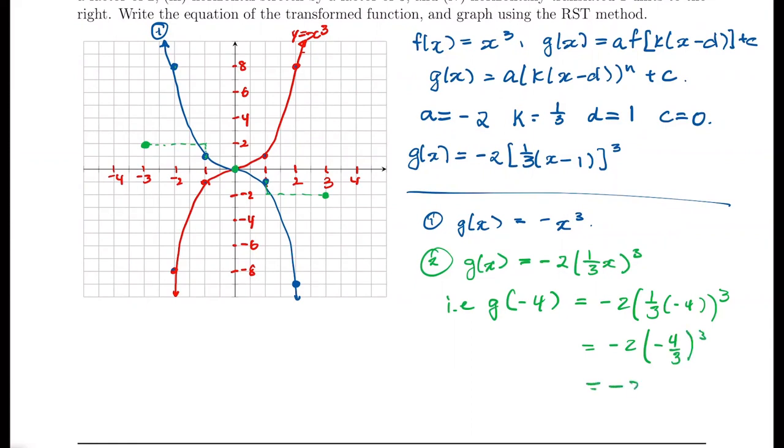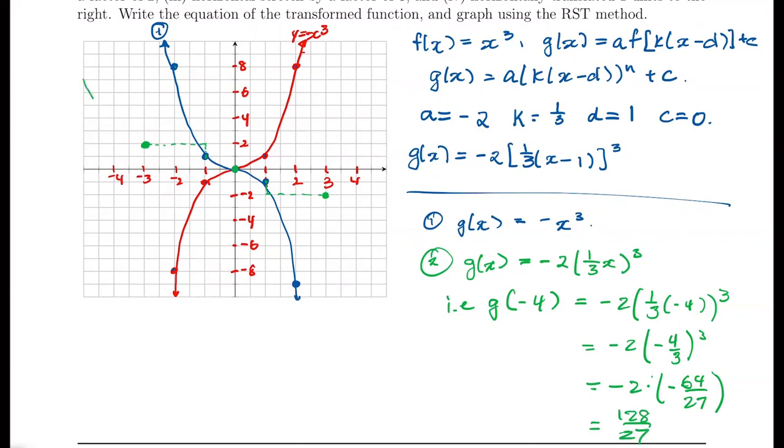And then that would give us -2 times -64/27, which then would give us 128/27. Now, that is close to about 5-ish, so I'm just going to approximate it somewhere.